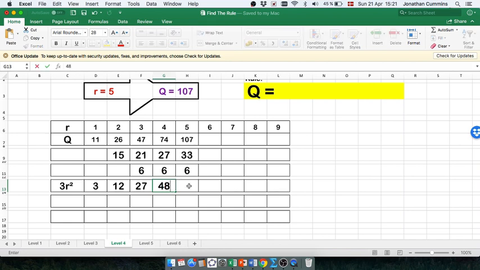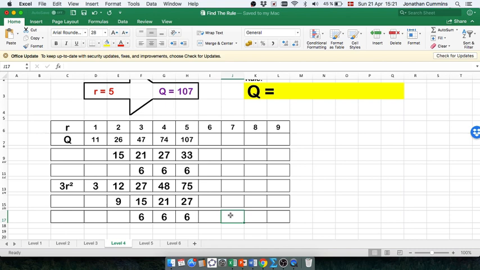And 3 times 5 squared would be 3 times 25, which is 75. So that does indeed give us numbers where they go up by an increasing amount every time: 9, 15, and 21, and 27. And those increases go up by 6 every time.